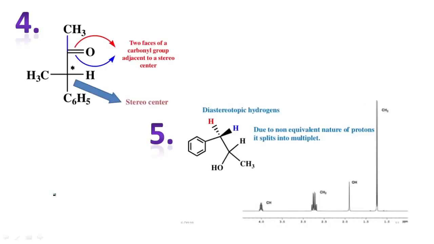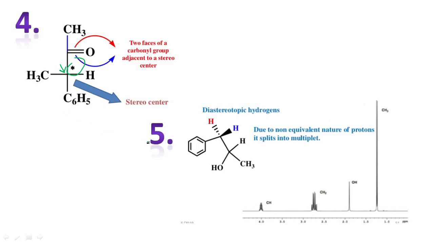Now the fourth example, as you can see, there is a chiral center, marked with the star, and there is a carbonyl group. Now on addition to this, what will happen? There will be formation of diastereoisomers. I hope that's all right.